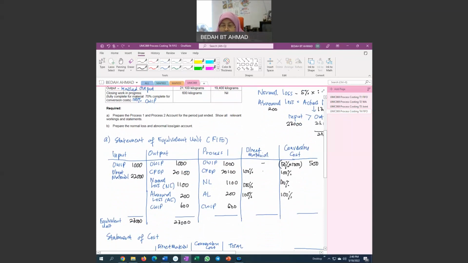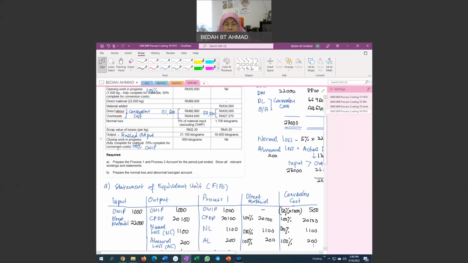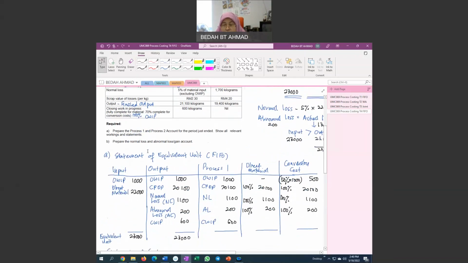So we just copy the units here: 20,100, 20,100, and then 1,100, 1,100 for the normal loss, abnormal loss 200. Then for the closing work in progress, based on the question, it is fully complete for the material, 100%, and then 70% complete for the conversion cost.